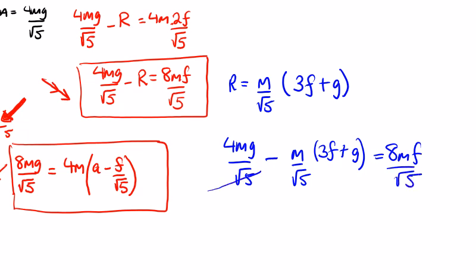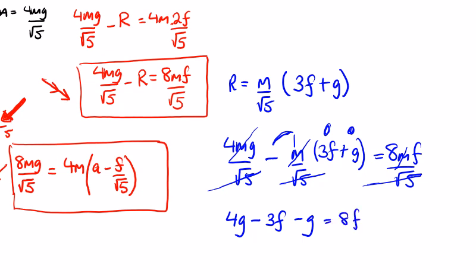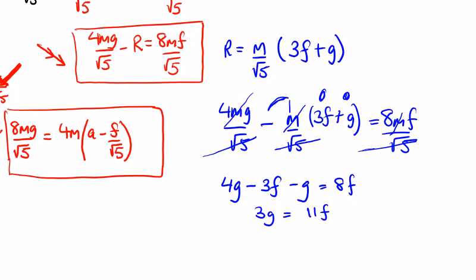So we can multiply by root 5 and divide by m. And that'll tidy it up for us. So we're left with 4g minus 3f minus g, so this minus 1 by the 3f and the g, equals 8f. So I get 3g is equal to 11f.